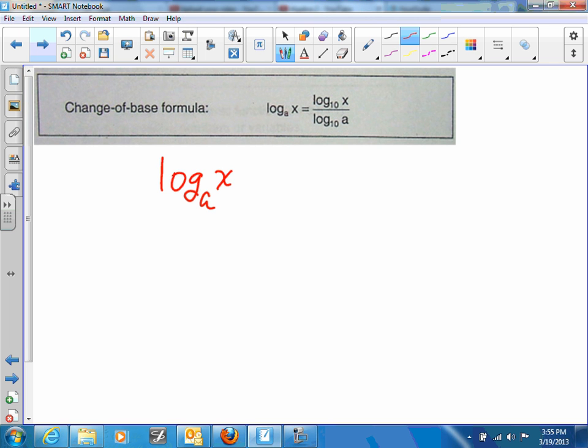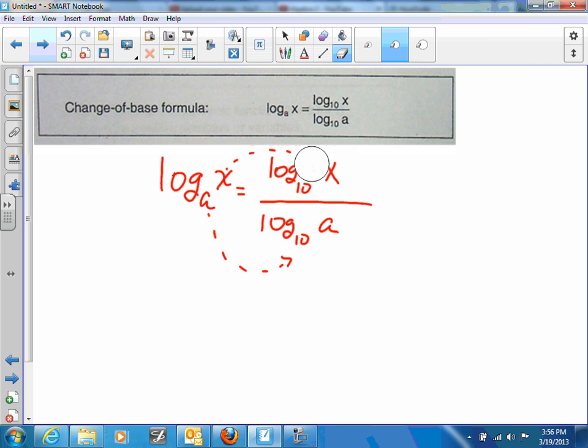What we can do, if this and this do not match, we can change this to log base 10 over log base 10. The x goes right here, and the a goes right here. So with that being said, now we have log base 10, and typically if you have the TI calculators, you can put this in the calculator because our calculators are base 10.